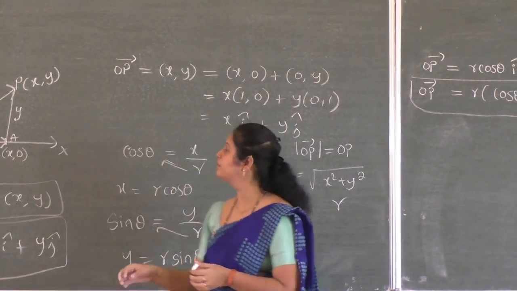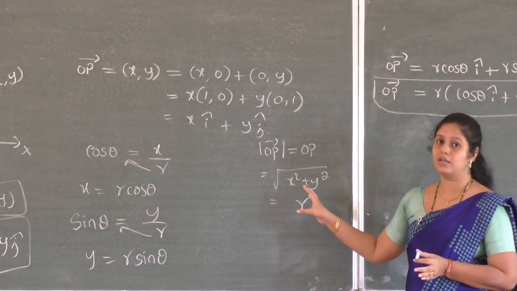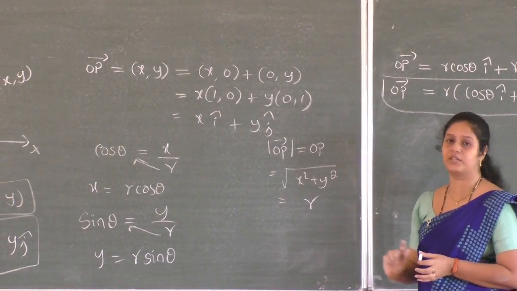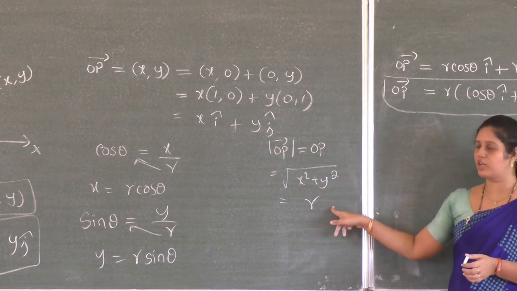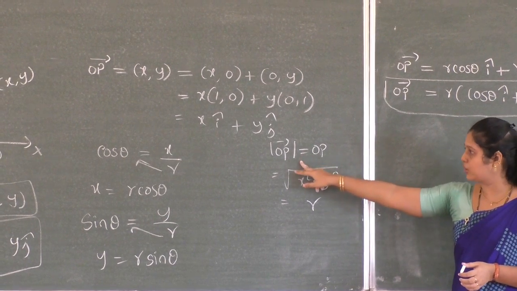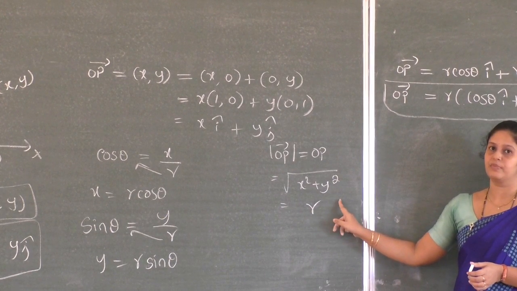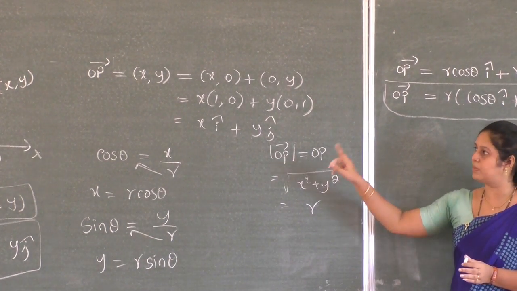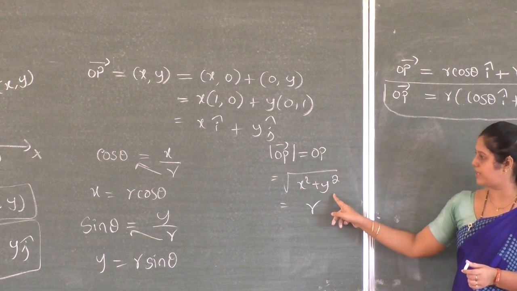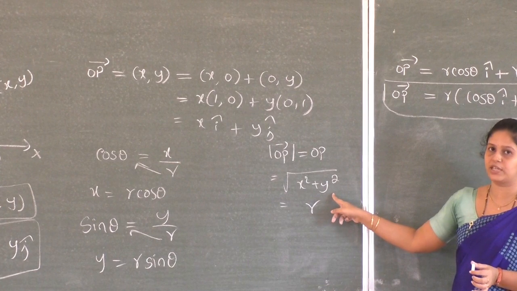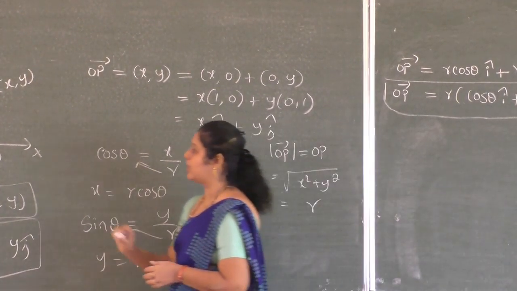Now when we represent a two-dimensional vector, you know the magnitude of that vector and the direction of that vector. The magnitude of vector OP is root x square plus y square, when the two-dimensional vector is the ordered pair x comma y. That is the magnitude of that vector, and direction is decided by angle theta.